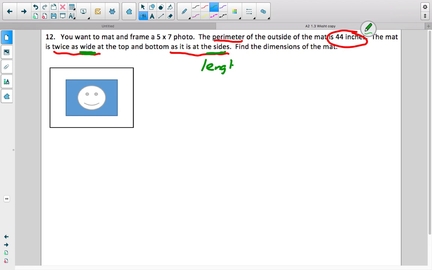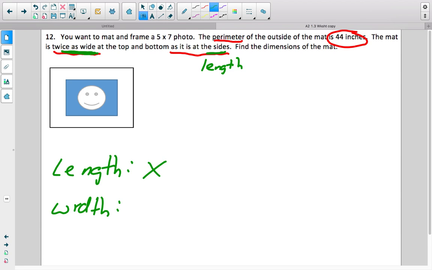So we need to define our variables. You take the value that you know the least about, which is the length here, and you call that the variable. Then check this out. They tell us that the width is twice the length. It's twice as wide at the top and bottom as it is at the sides.